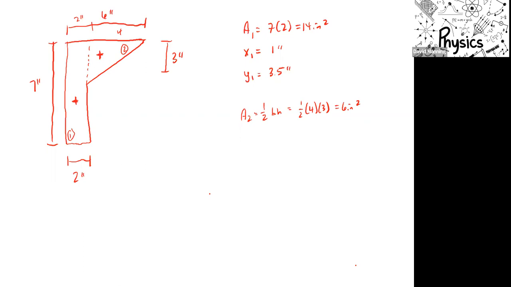Then we have to find out how far away we are. Remember, this distance here is base over 3. So x2 is going to be 2 plus base over 3, so that's 2 plus 4 over 3, 3.33 inches.